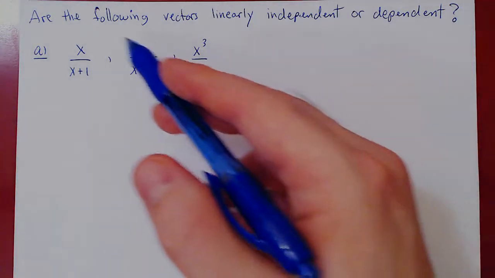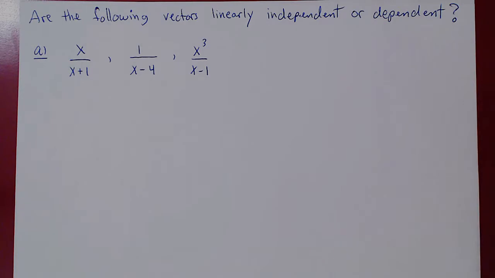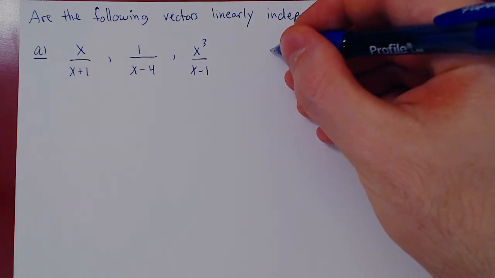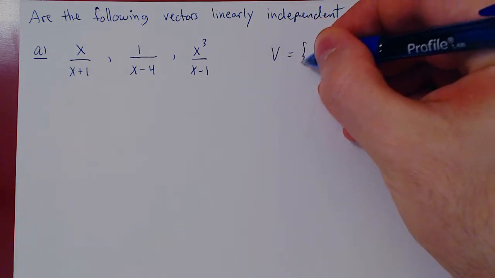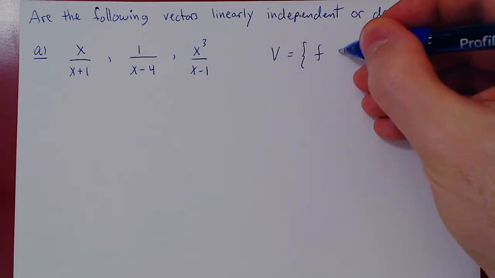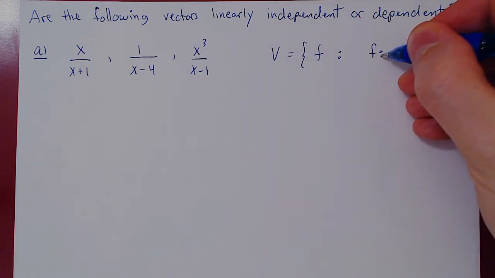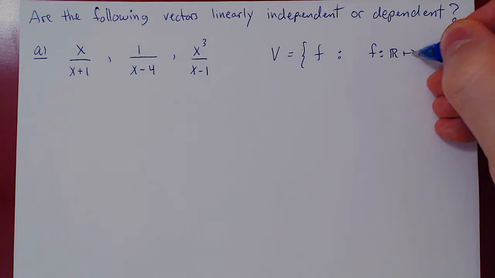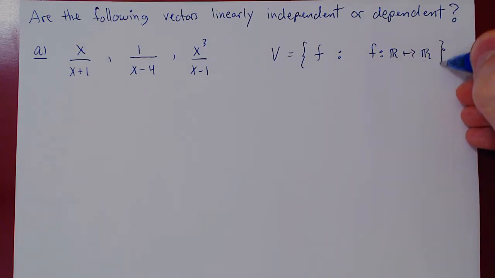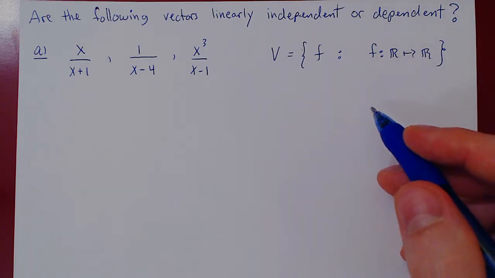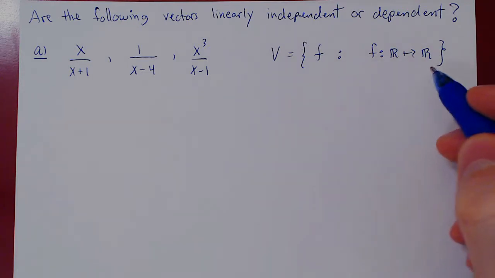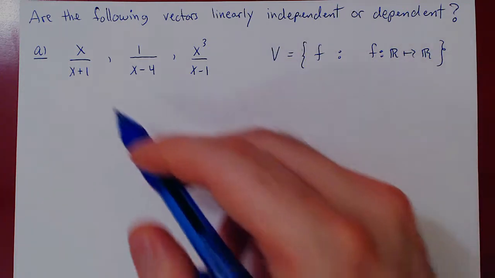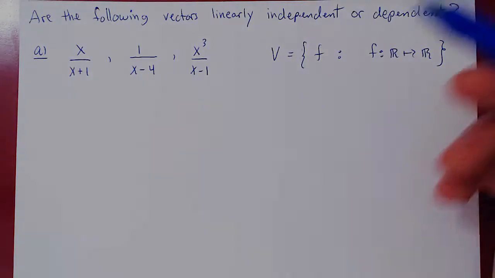So here, our vector space could be taken as the space of all functions. So we can call this V, and we'll take f, where f is a function from the real numbers to the real numbers. If you take all functions from the real to the real, you have a vector space, and clearly rational functions are functions.